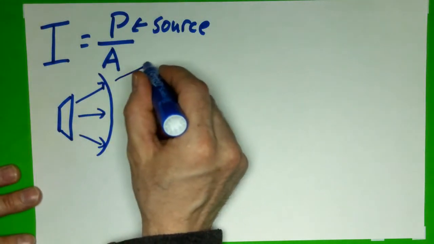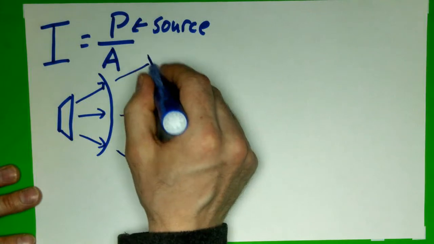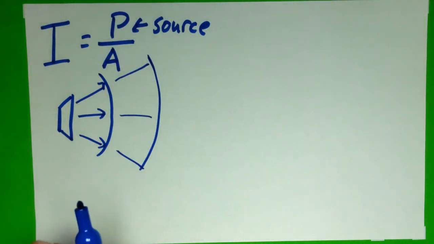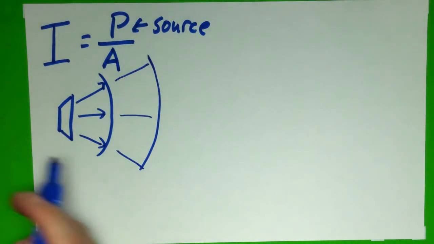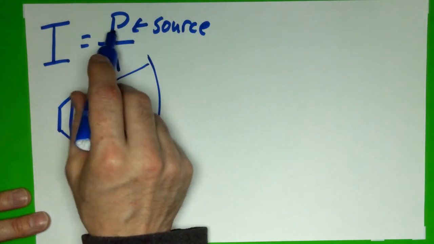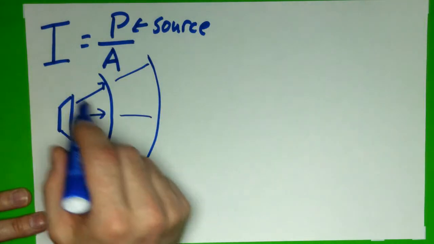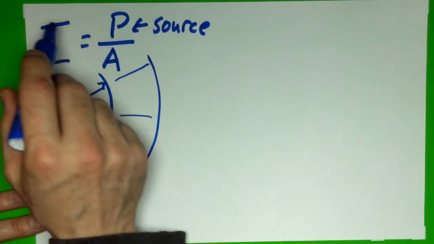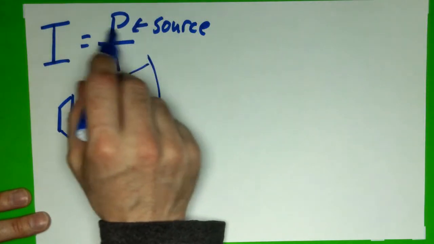If I go a little further, the area of the circle's gotten much bigger, in fact by the square of the distance from it. And so the area got bigger, power stayed the same, so the intensity here is less than the intensity here.